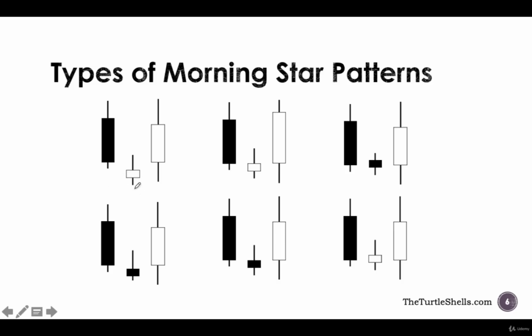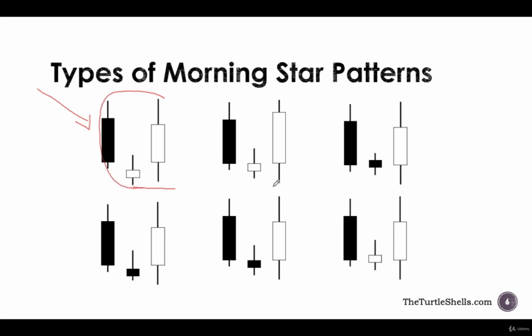Now, the star should not touch either of the two long candles, and the pattern itself must come after a downtrend. The low of the pattern becomes a very strong support area. So this is one traditional type of morning star.